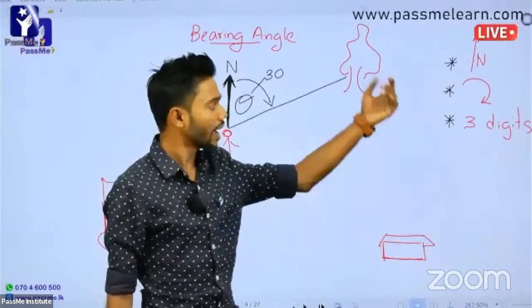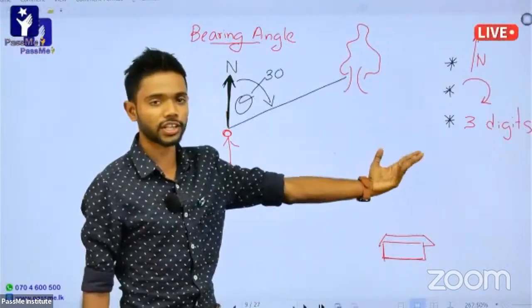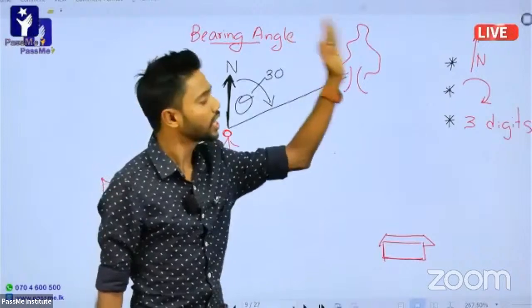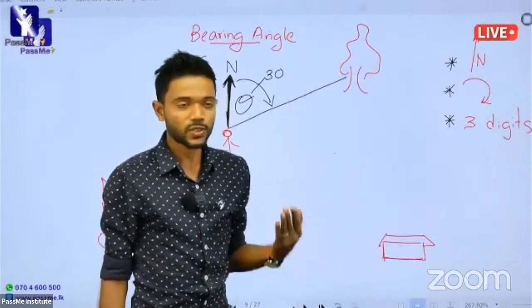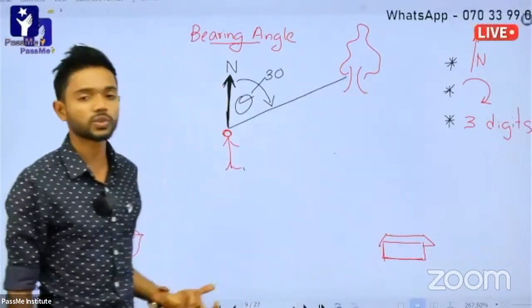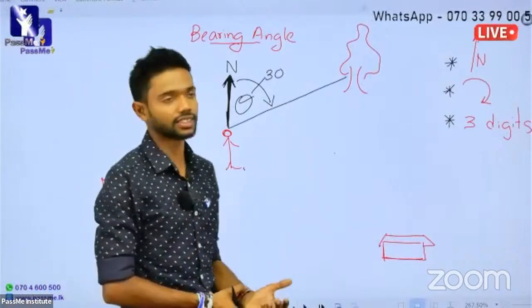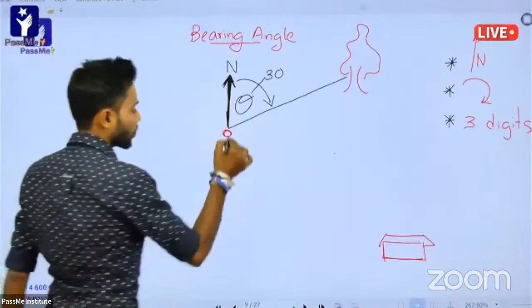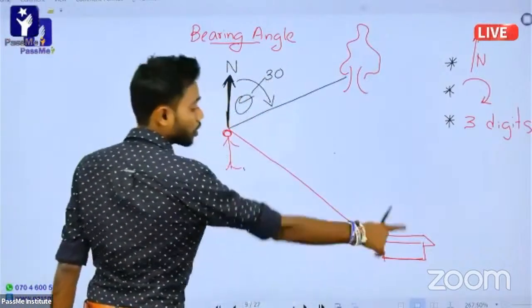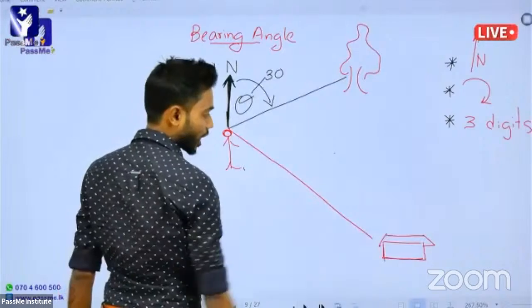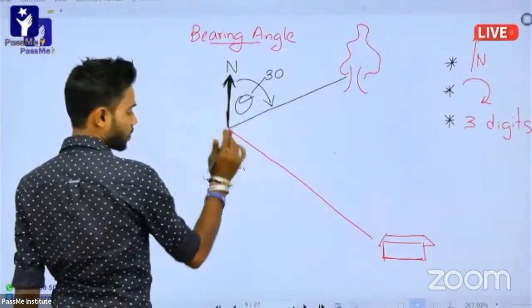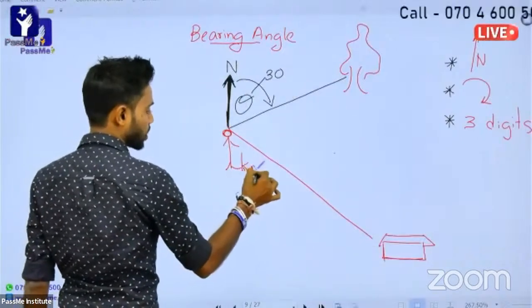As a short note, I personally use this kind of notation to represent the north direction and the clockwise direction in three digits. If you follow these 3 steps, you have already converted degree values to bearing angles. Okay. Now this is the building that you need to locate with respect to this person, let's say KV.